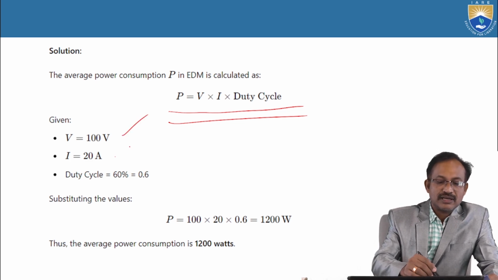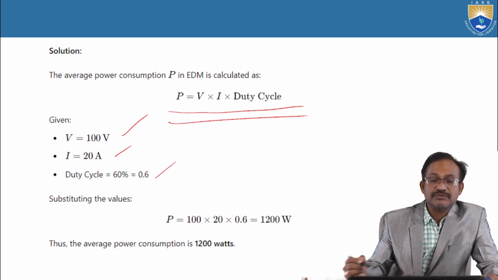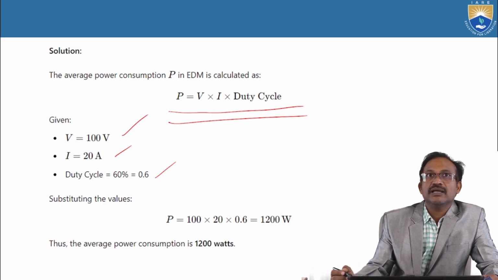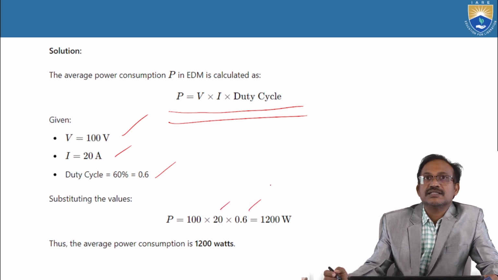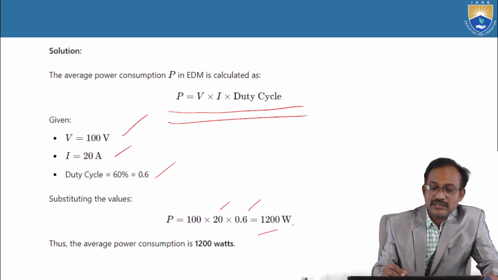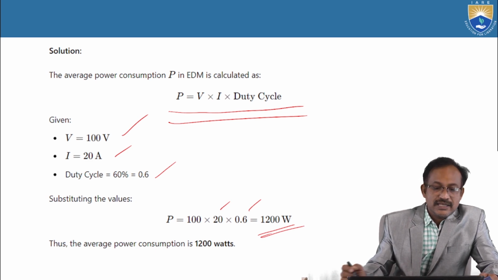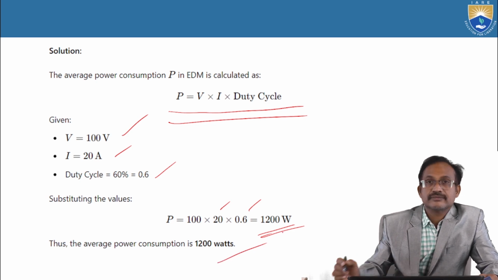V is given, I is given, and the duty cycle is 60%, that is 0.6. Simply substitute the values: V is 100, I is 20, and the duty cycle is 0.6, so we get 1200 watts. Thus the average power consumption is 1200 watts.